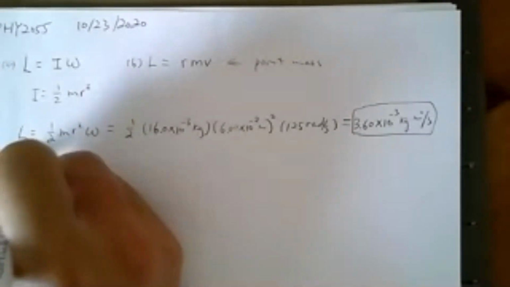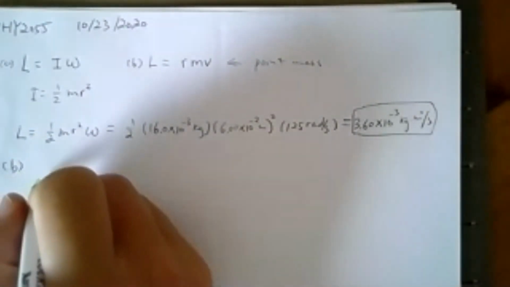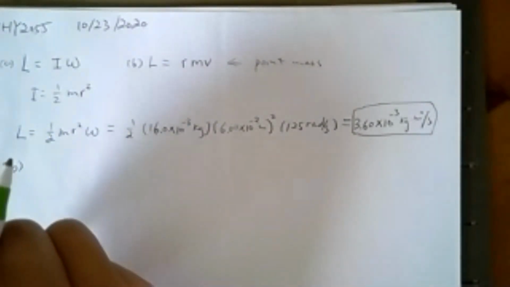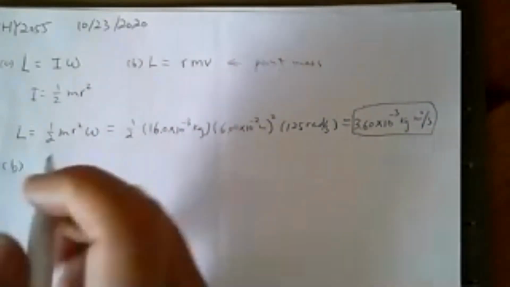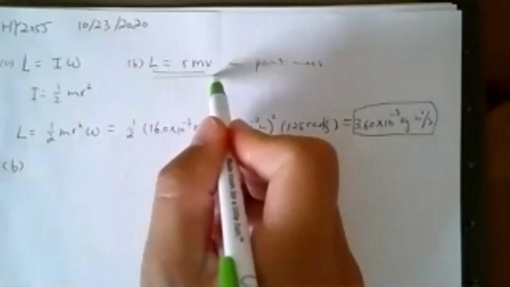And then on the second part, because the motorcycle is driving with a constant speed on a circular track, in that case your R and P, or R and V, will be perpendicular to each other. Then you're going to use that equation.